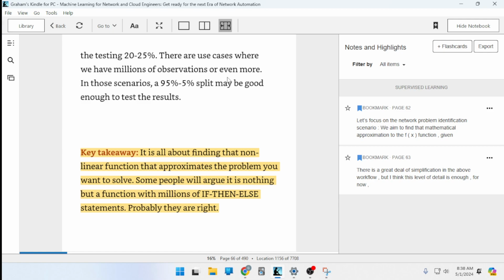Key takeaway. It's all about finding that nonlinear function that approximates the problem you want to solve. Some people will argue it is nothing but a function with tens of millions of if-then-else statements. Probably they are right.